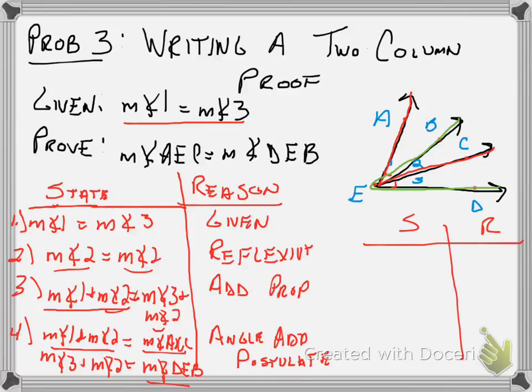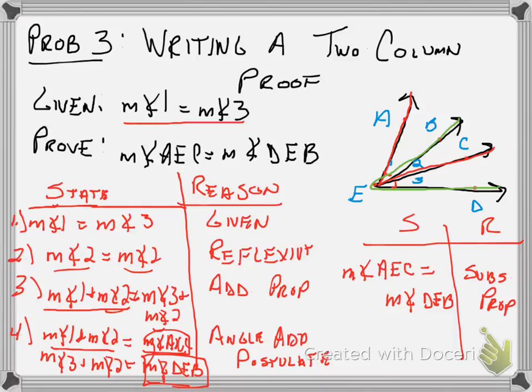Okay, so I just go ahead and say the measurement of angle AEC is equal to the measurement of angle DEB. And what did I do? Well, I took what it equaled, which is this right here, and I substituted it in. So the reason would be substitution property. Welcome to the fantastic world of proving things.